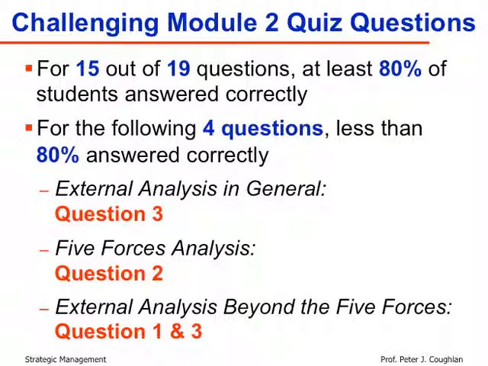And hopefully with these answers, most students' concerns will lie within these 4 questions. But if you have concerns about the other 15 that I don't talk about right now, your first recourse, and certainly your speediest recourse, is to talk to your fellow students, because as I said, for the other 15 questions, 4 out of 5 students answered correctly, which means the student to your left and the student to your right probably both got it correct.